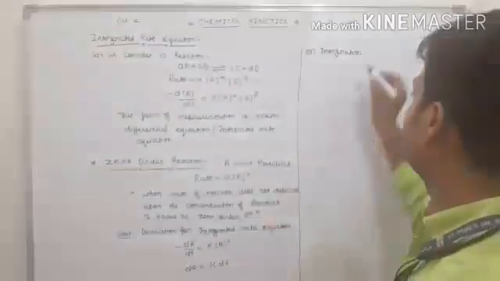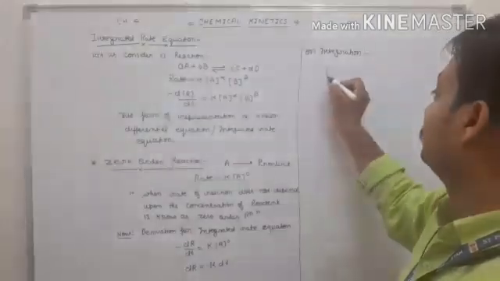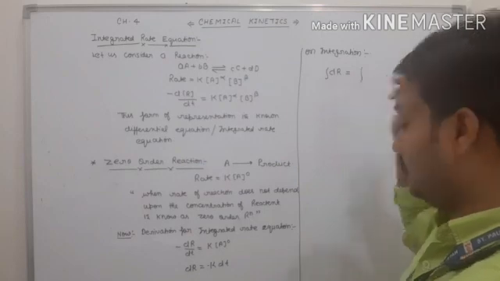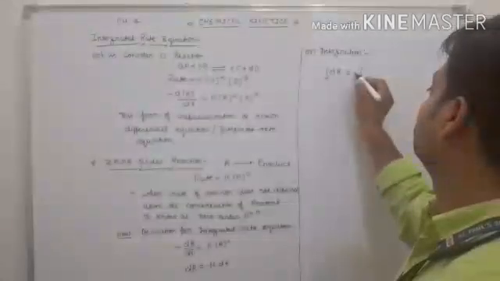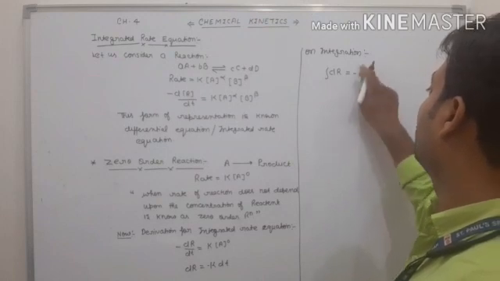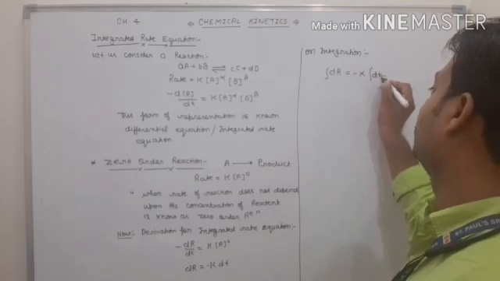On integration, we get integration of dR, integration of minus K, it is a constant, so it does not undergo integration, dt.